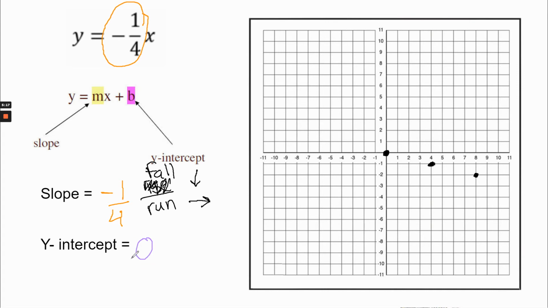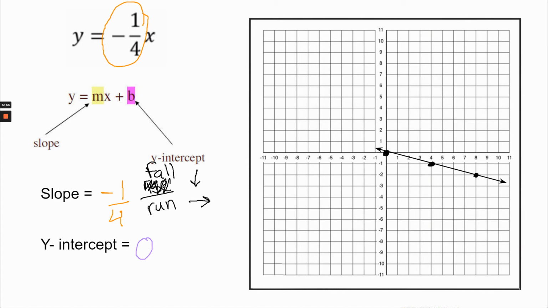So I started at the y-intercept, and then I used my slope. I went down 1, right 4. And now I'm going to use a line to connect my points. And that's going to create our graph for y equals negative 1/4 x.